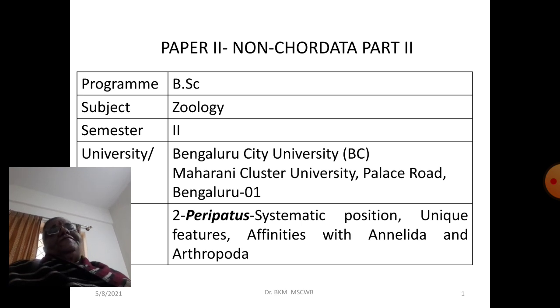Then we have to learn about the similarities of this particular genus with different phyla, and that we learn under affinities. So with this basic conceptualization of systematic position and affinities, now let us start our class and learn more about this very interesting genus called Peripatus.